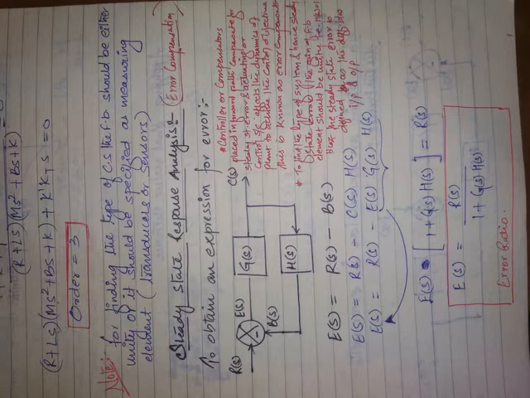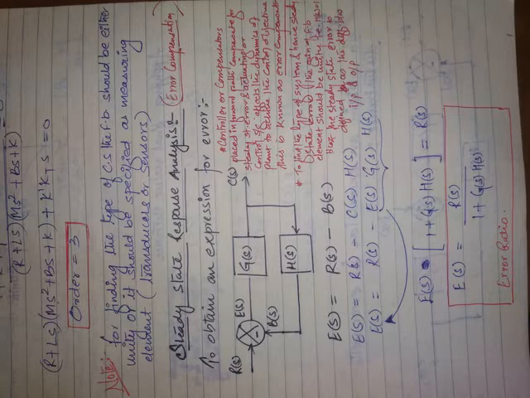ESS means magnitude of steady state error and it is calculated using the expression limit t tends to infinity E of t. Limit t tends to infinity means final value.